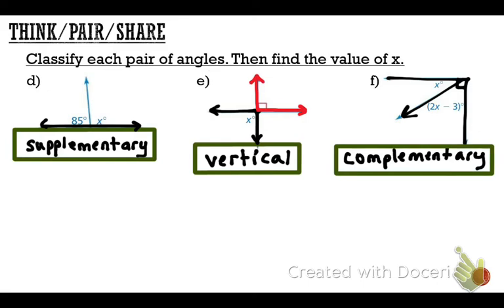Does anyone want to help me with problem D? Jonathan, how would I do that? How many degrees is this angle right here, Jonathan? 85. Okay. What do we say the other angle is called there, Jonathan?